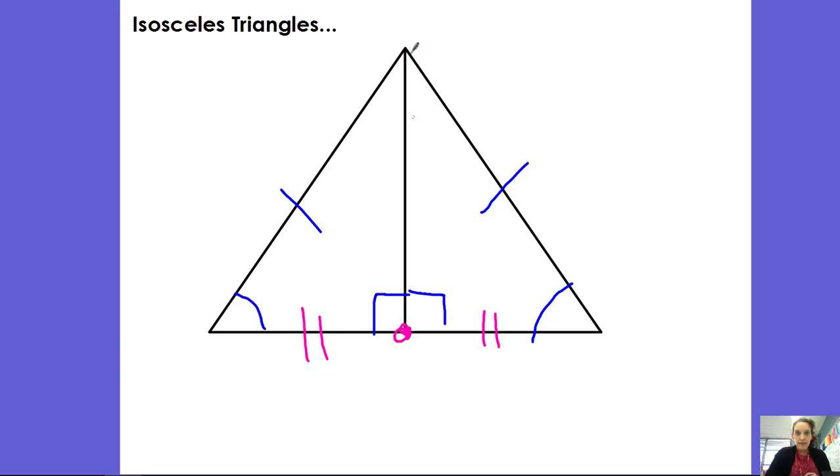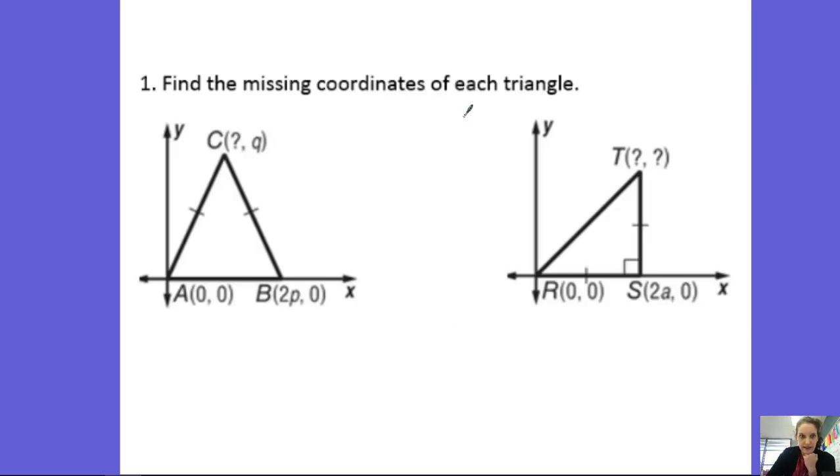So the big idea is if you have an altitude in an isosceles triangle, it will bisect this side. So this half would be congruent to this half. Keep that in your back pocket. Okay, so what we're going to do is try to find this missing coordinate of this triangle. I noticed that this triangle is an isosceles triangle.